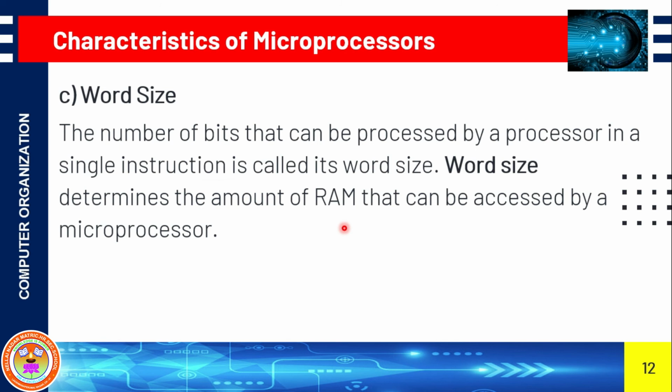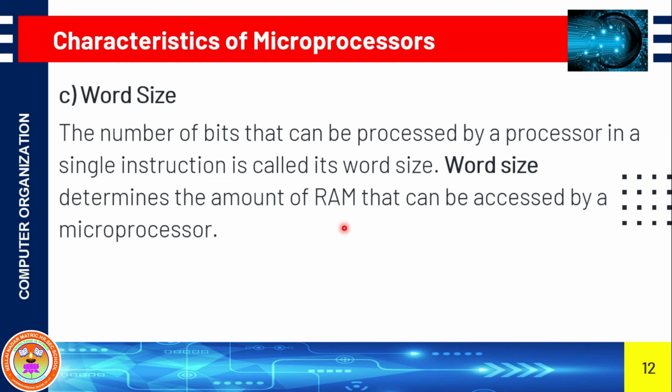So how can we determine the word size? How much RAM you have, or how much RAM is occupied for performing the action in the microprocessor, that is word size.